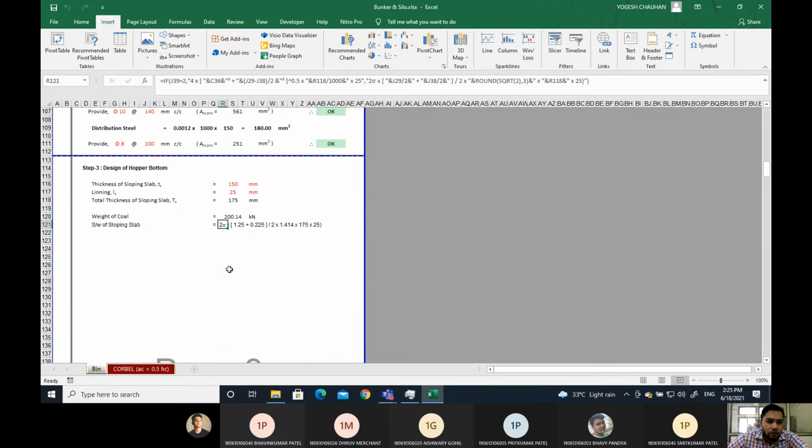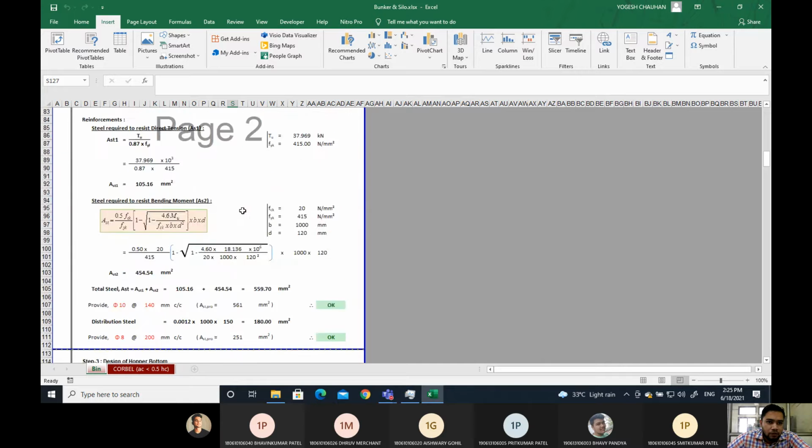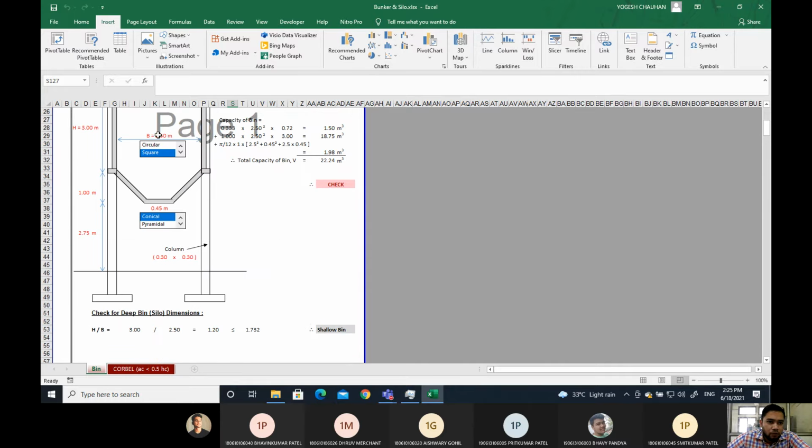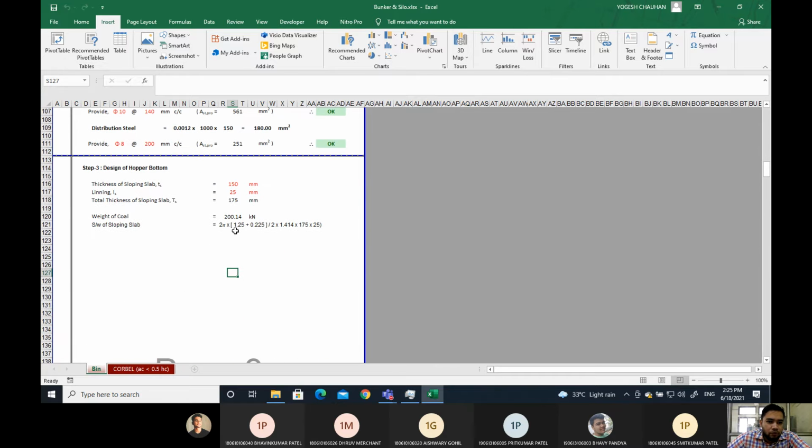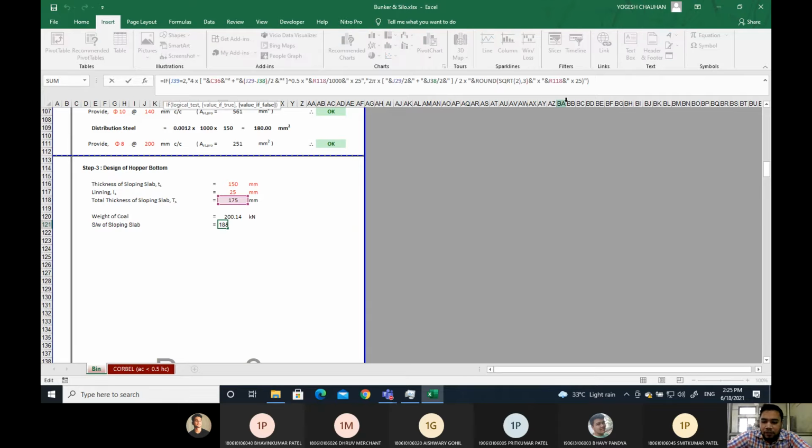the formula would be 2 pi. The average radius means 1.25. 1.25 is actually 2.5 by 2, and this 0.45 by 2. So 1.25 plus 2 pi 0.225 whole divided by 2 multiply by root 2 times the slab thickness into density. Now here this slab thickness should be in meter, so you have to divide this by 1000.